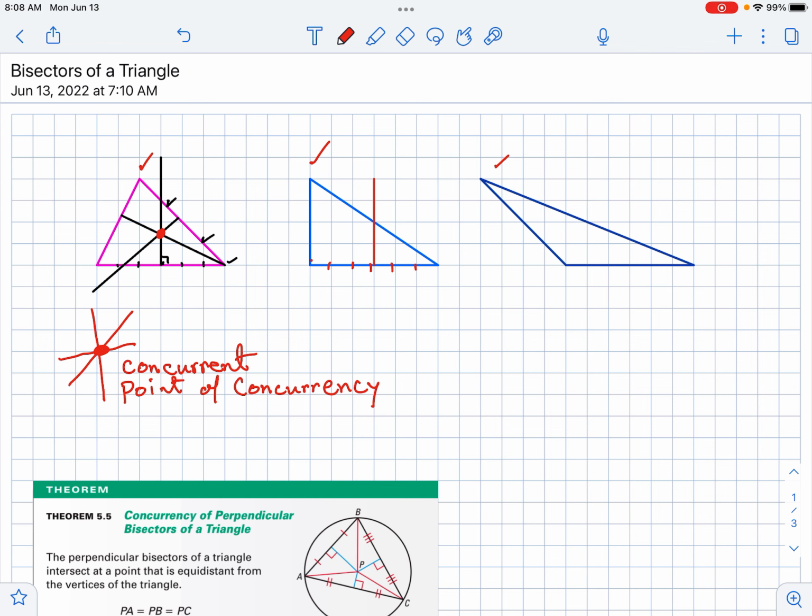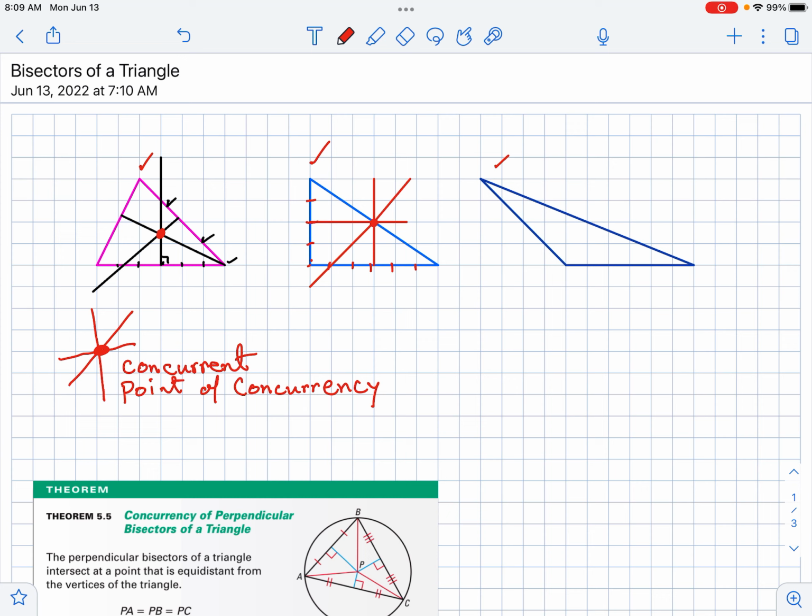And then we have another one over here. And then we have this one. Let's see here. 1, 2, 3, 4. There we go. And you notice that the point of concurrency is right there on the side of the triangle.